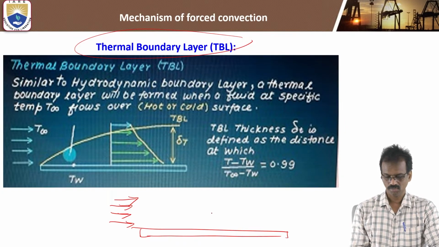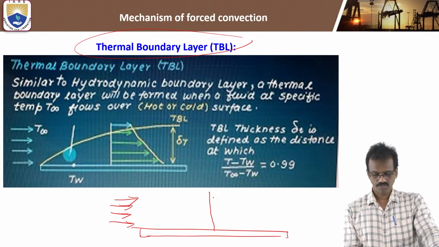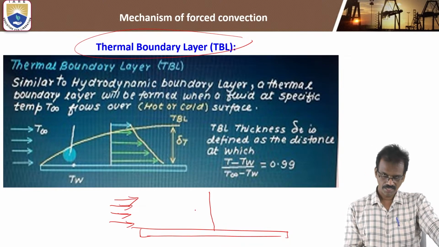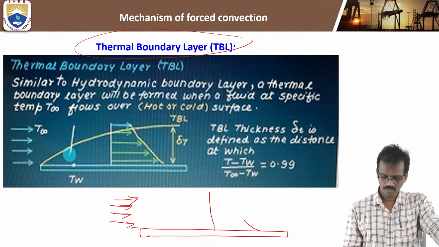The fluid which flows on the solid surface takes the heat from the solid surface, so automatically the temperature decreases. Initially the temperature is high, and then it gradually decreases.